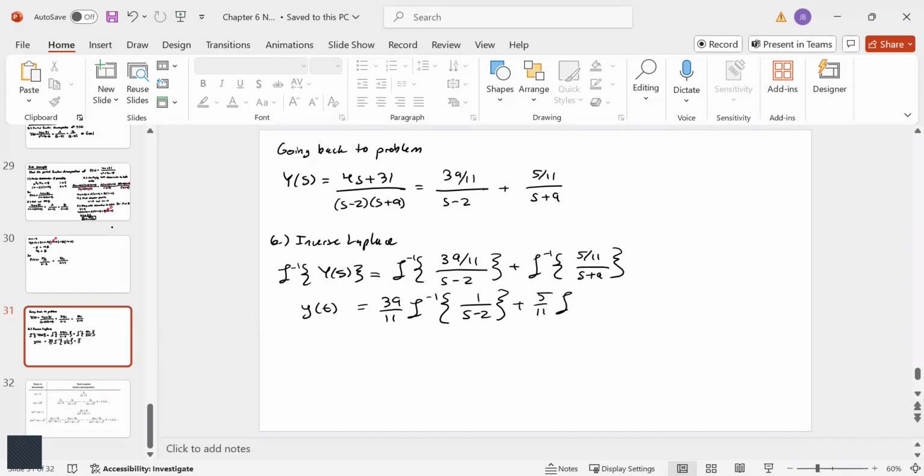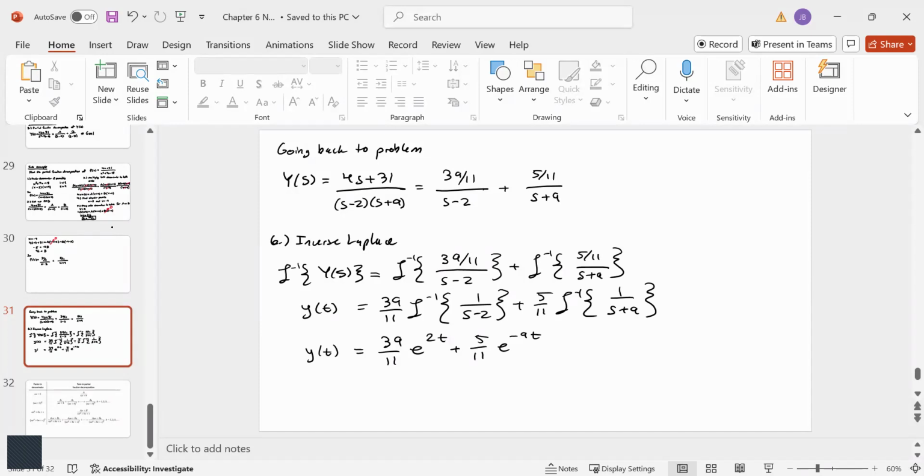And we get all of this. Then according to our table, s minus a, these all become exponentials. So we get e to the 2t. Remember, minus means plus exponent. And then plus 5 over 11, and then plus 9 becomes e to the -9t.